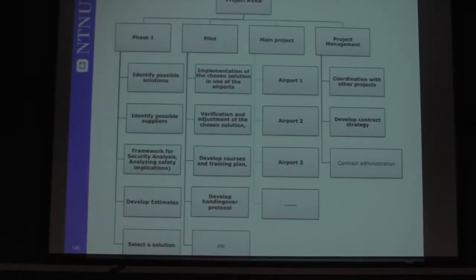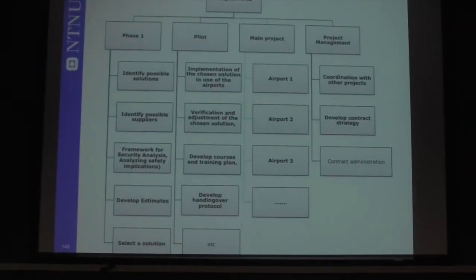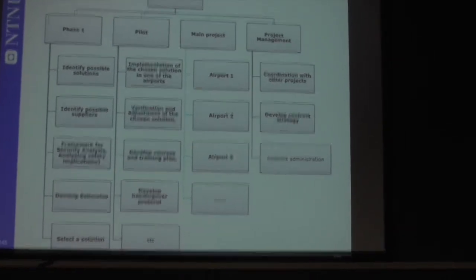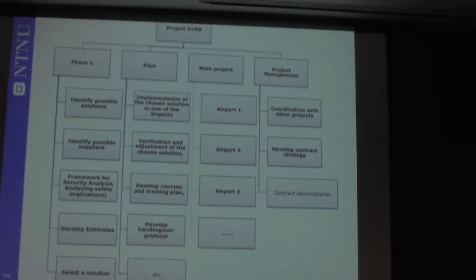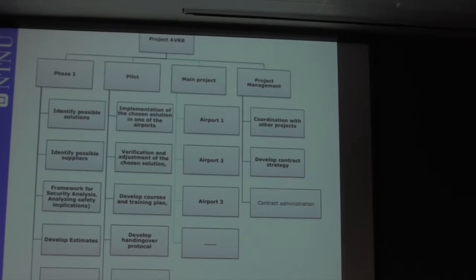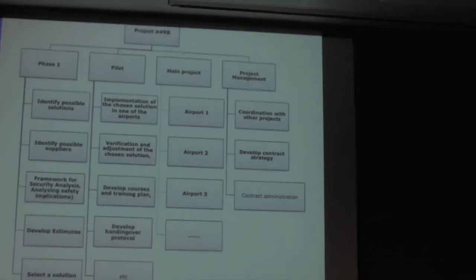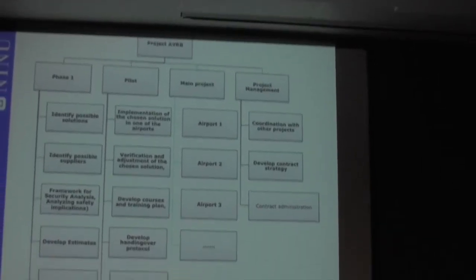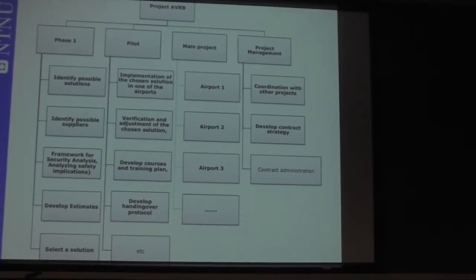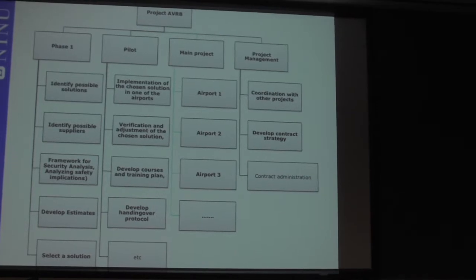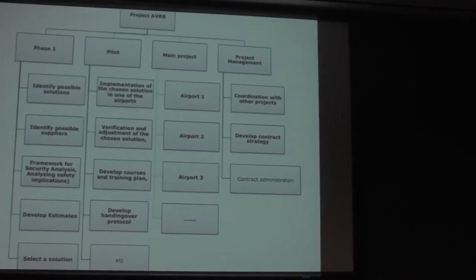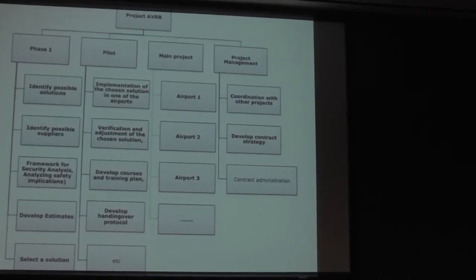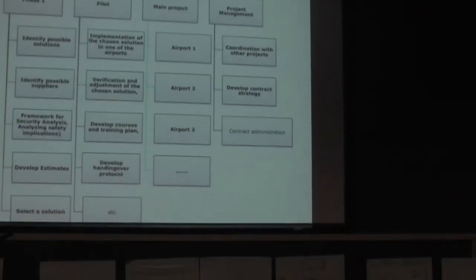The very first project, as you can see, this one, everything is identified in the text. The only thing you need to do is to group them, aggregate them into suitable work packages. And in this project, it was written that before they did anything, they conducted a pre-project, phase 1. And in that phase 1, what did they do?